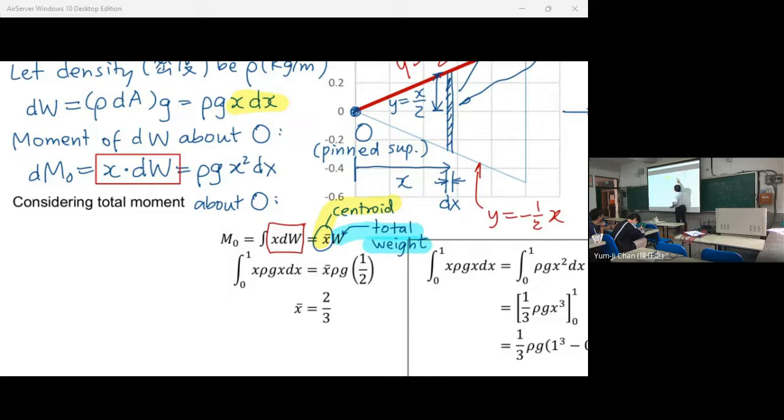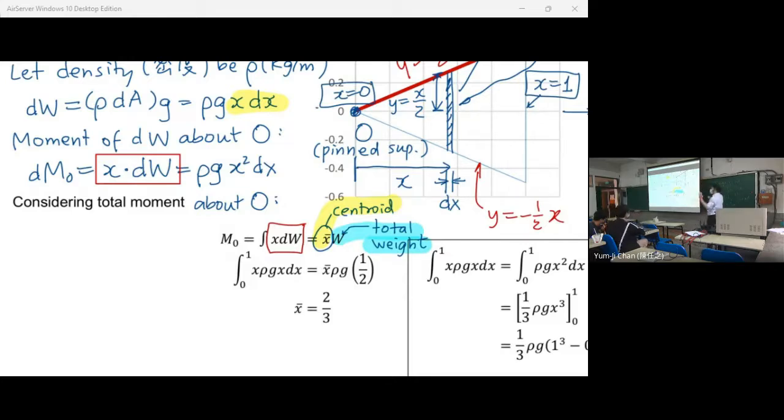Because for this triangle, it only goes from x equal to 0 to x equal to 1.